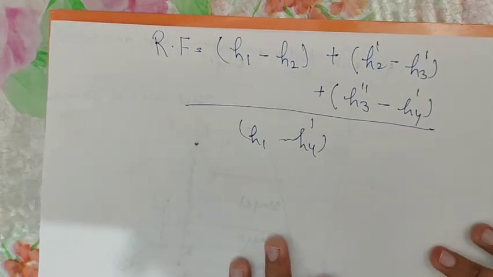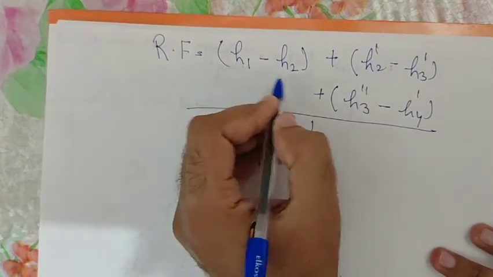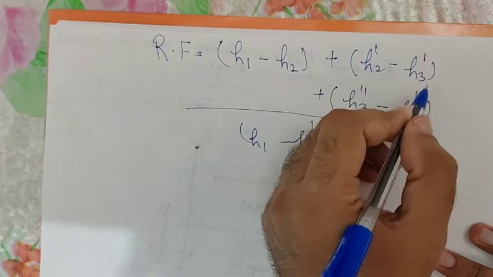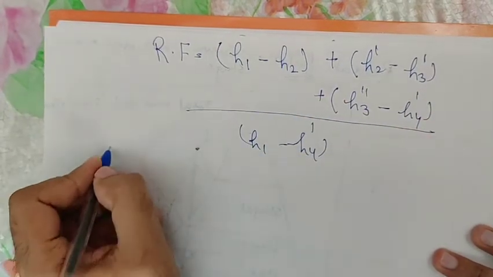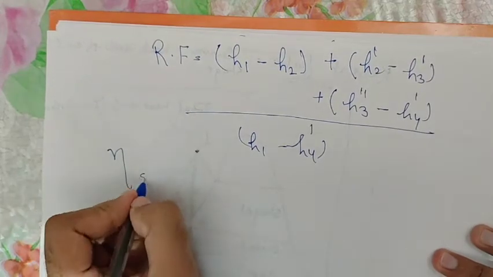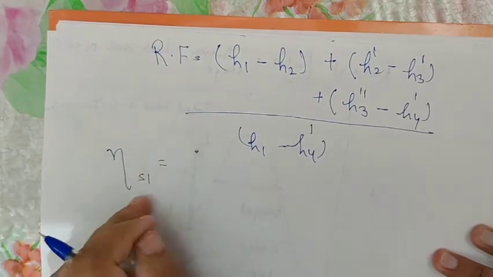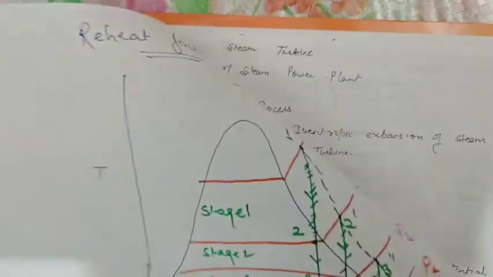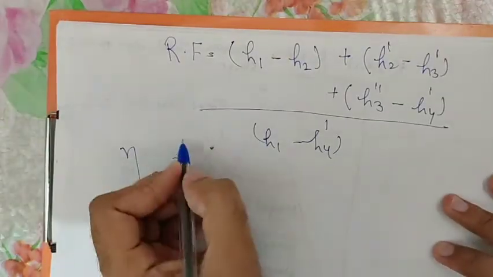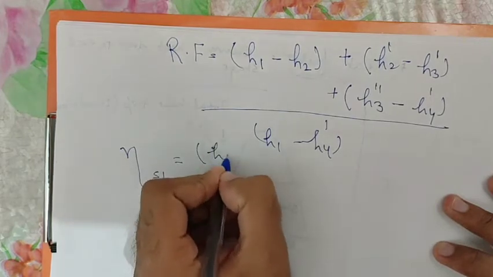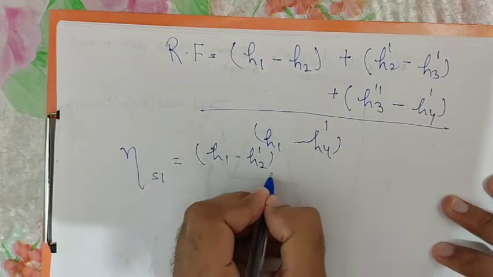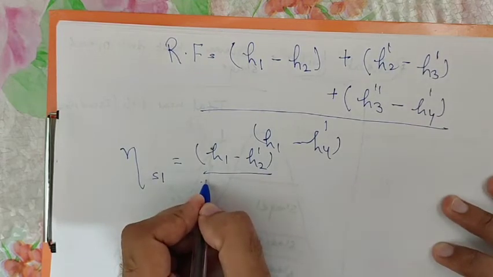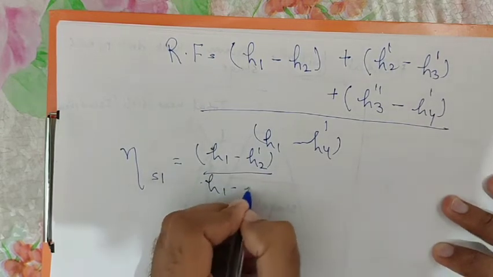Now we can find out the value of H1 minus H2, H2 dash minus H3 dash, these values in terms of stage efficiency. We know that the efficiency of stage 1 is H1 minus H2 dash divided by H1 minus H2.